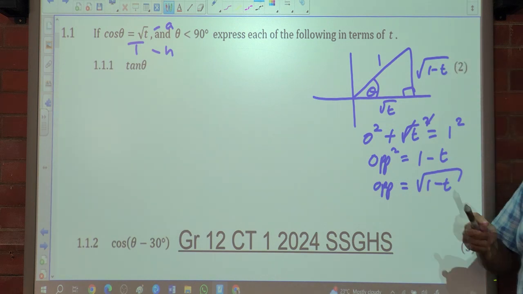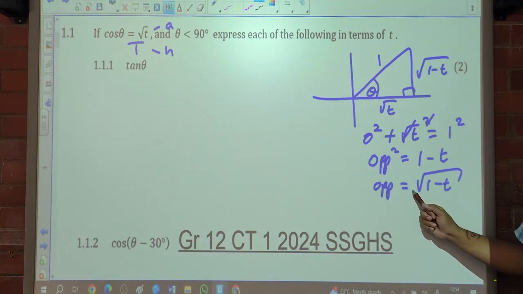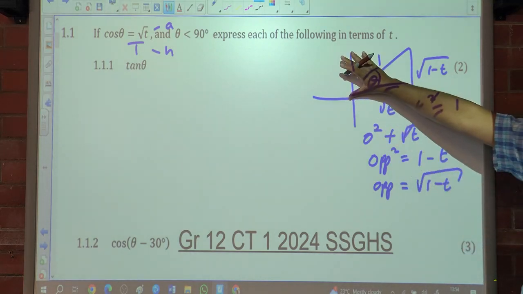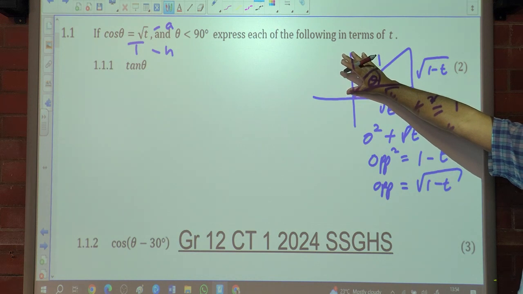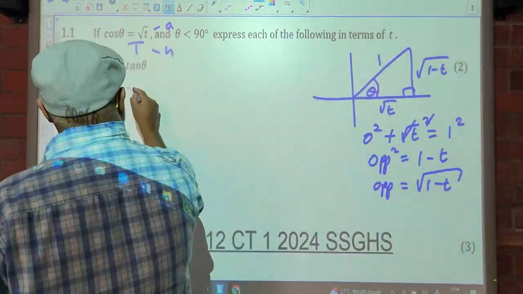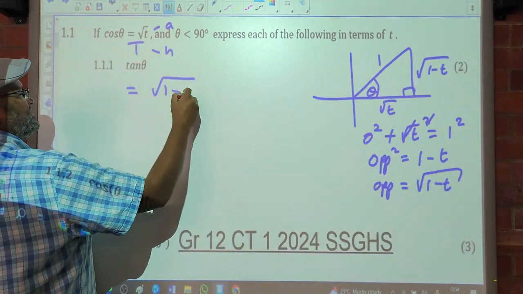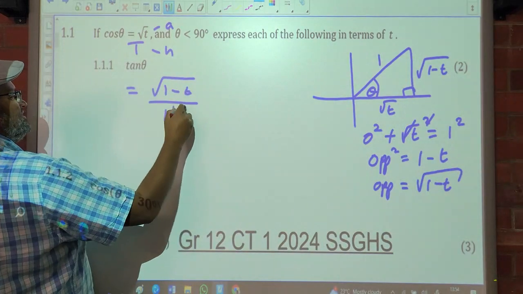Now, remember when I introduce square root, it will be plus and minus, not so. But because this is on the positive part of your y-axis, it has to be positive square root of 1 minus t. So what does tan then stand for? Tan is opposite, which is the square root of 1 minus t, over adjacent, which is the square root of t.